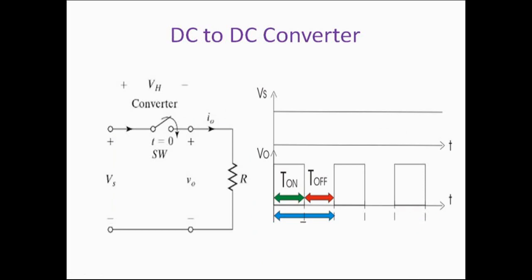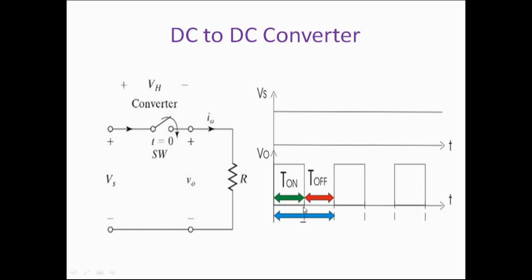Here, see here, DC to DC converter. The input is DC. The output is also DC, because see here there is no negative part. If it is 10 volts, the output is 10 from 0 to some time T on.